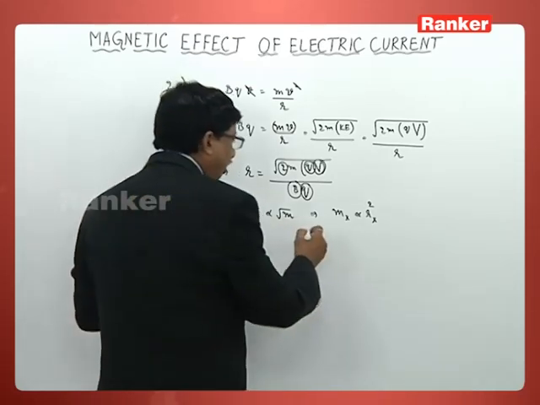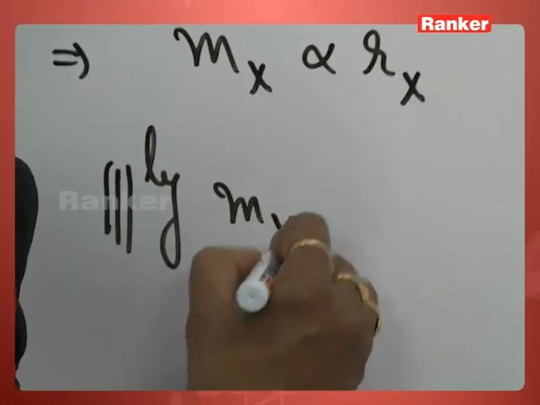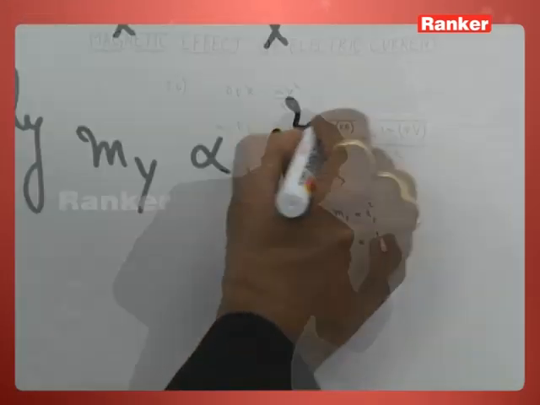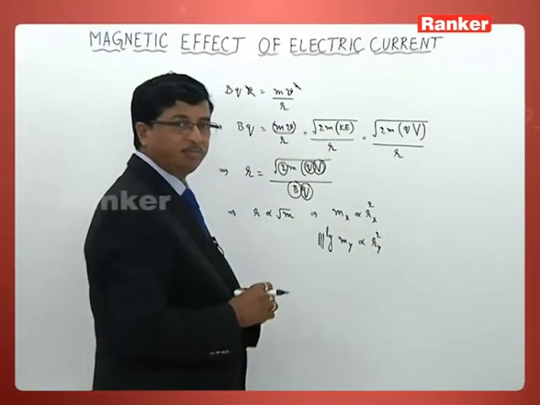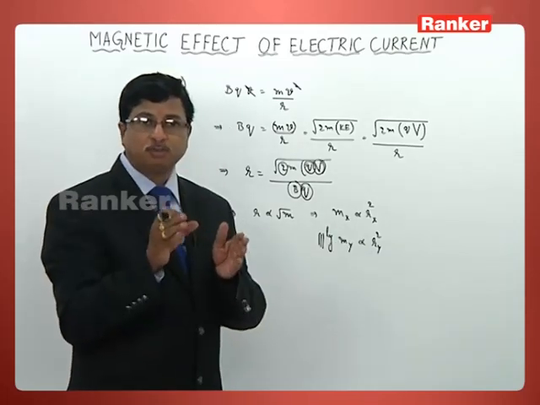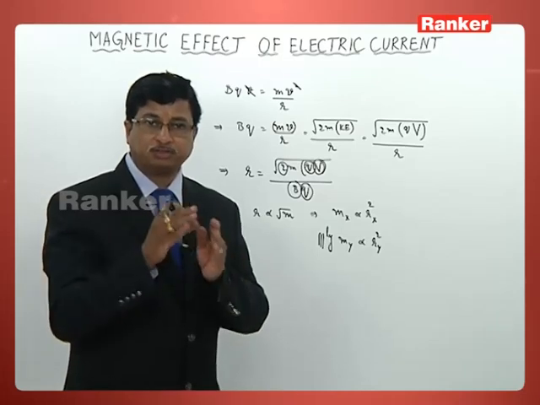And what about the second one? Similarly, the mass of the second particle y is directly proportional to ry square, the radius of the circular path traced by the second particle.